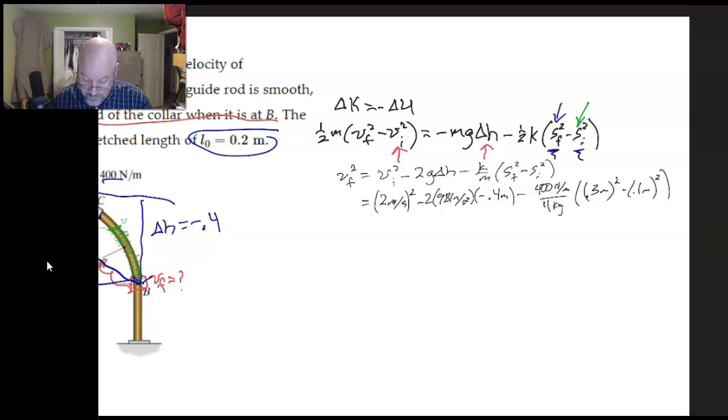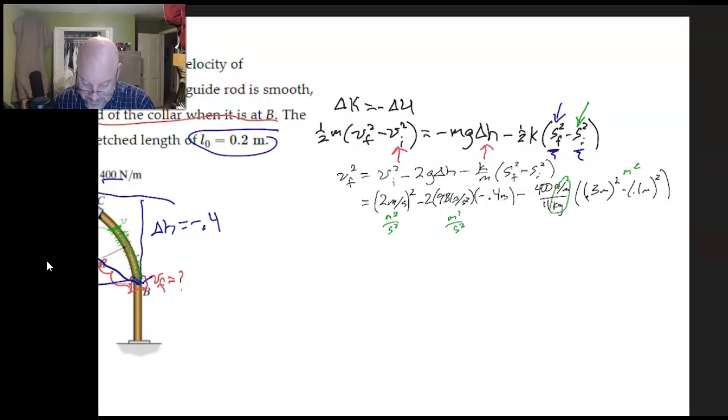Let's take a look at our units real quick. The first term, meter squared over second squared. Great. Second term, meter over second squared. That's the same thing. Works out. Then down here, I've got newton meter per kilogram, meter squared, and meter squared. Well, that's kind of nice, I got my meter squared here.